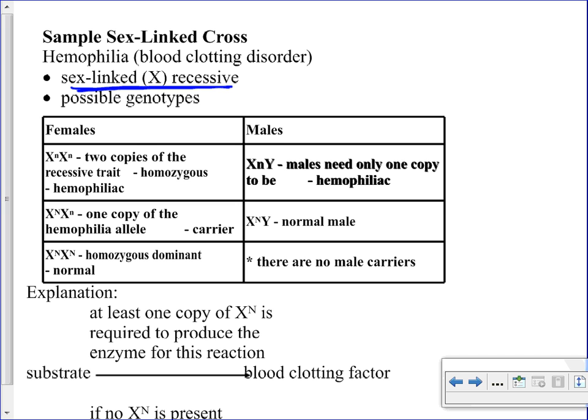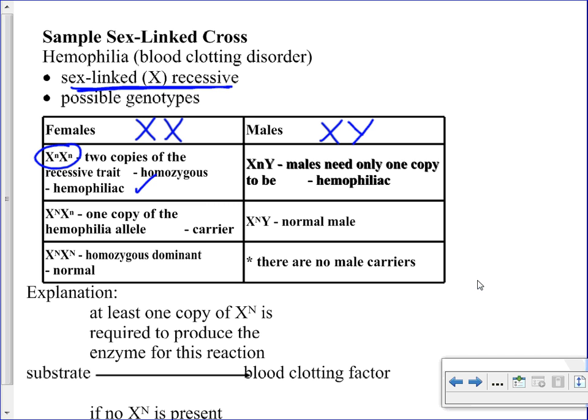So if we take a look at females, remember that they do have two X chromosomes. Males, of course, have an X and a Y chromosome. In the case of the females, then there are three different possible genotypes. We can have on both of the X chromosomes the lowercase mutated or defective version of this allele, and that is the only situation where the female will end up having hemophilia.